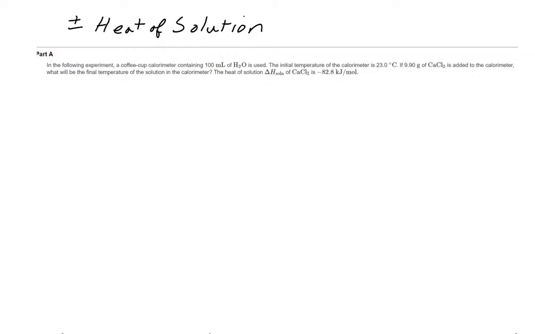So first of all, let's write our first law of thermodynamics statement. The sum of the energies of the universe has to be equal to 0. We've got two processes going on. We've got a heat of solution, and then we have, for the actual reaction, so to speak, and then we have the heating of the water, just to make things a little bit clear there.